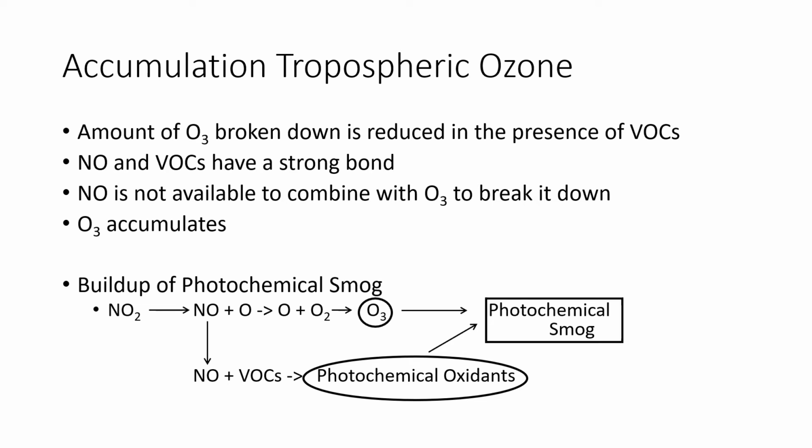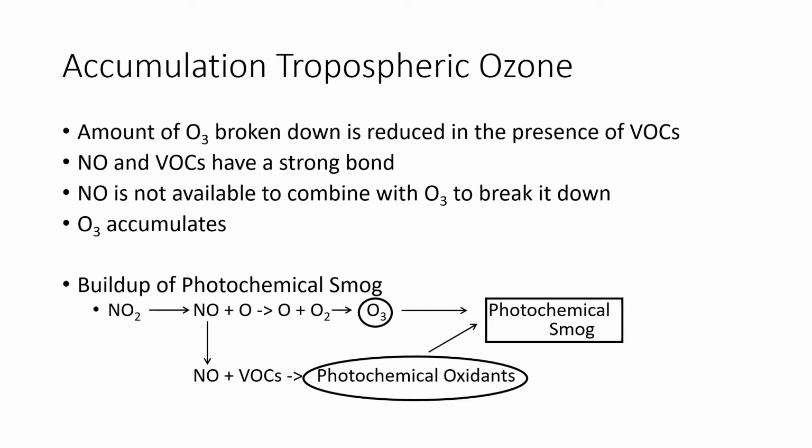And so you have this buildup of ozone, or tropospheric ozone, and you have nitrogen oxide and VOCs reacting to give us photochemical oxidants, such as one called PANs, P-A-N, plural. What does it really stand for? Something chemical, who cares?